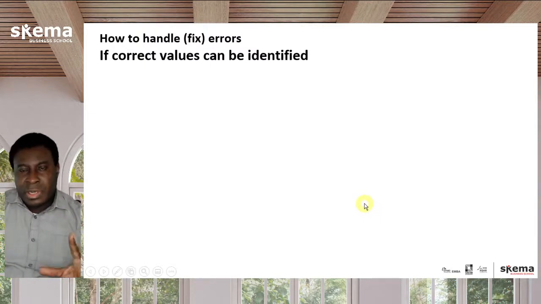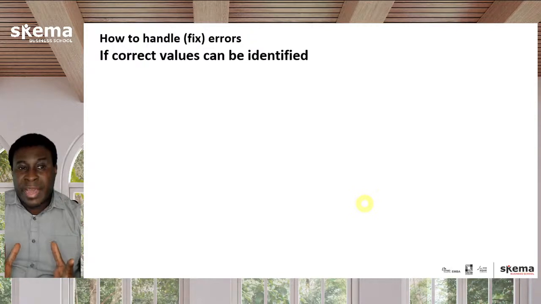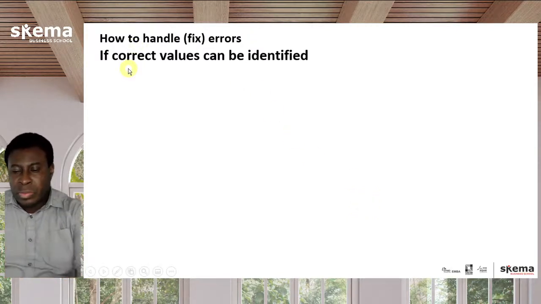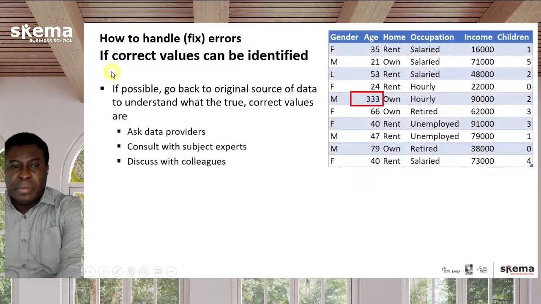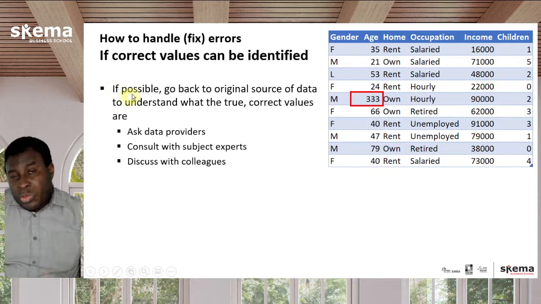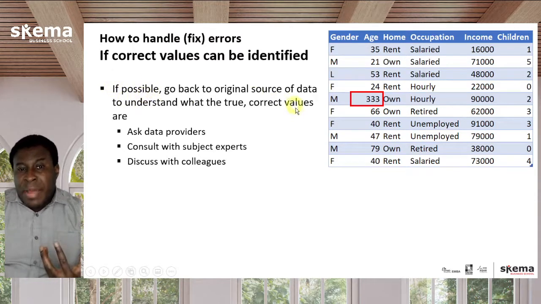Determining how to correct them depends largely on whether you can identify what the true value is or not. So first, consider if you can identify the correct value. To identify the correct value, you have to go back to the original source of the data to understand what it really is.